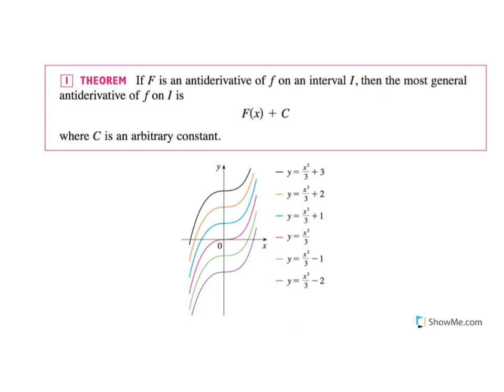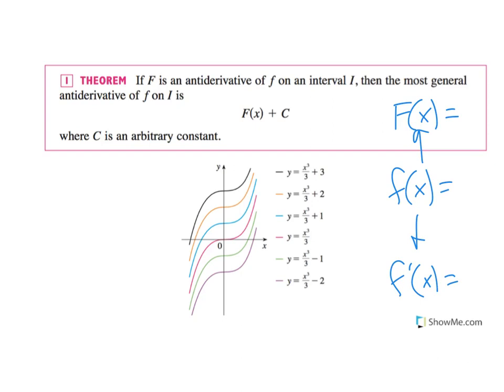So here's a theorem that says if capital F is the antiderivative of lowercase f, and this is just the notation we use, so if the function's given as f of x, then working backwards, the antiderivative would be notated as capital F. But working forward, you use this f prime to represent derivatives. So if I give you something that's f prime and you're working backwards, then it makes sense that I'd notate it as just lowercase f there.